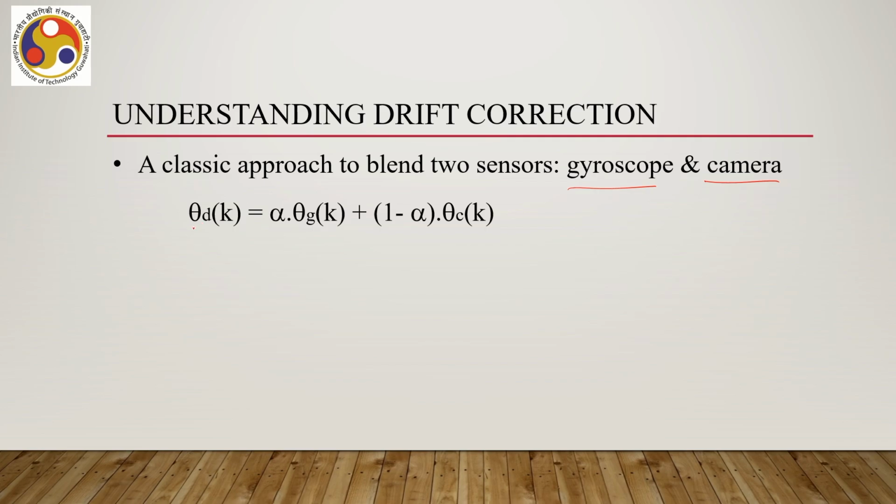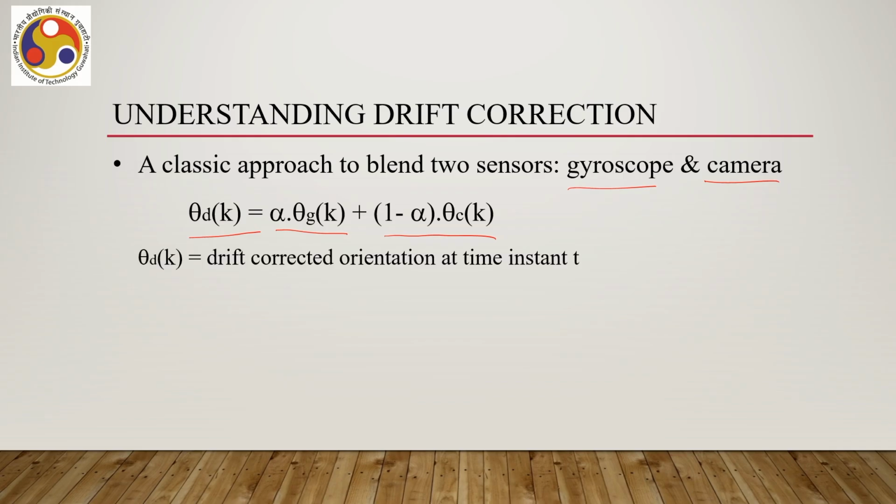We can say that theta dk equals alpha into theta gk plus 1 minus alpha into theta ck, where theta dk is the drift corrected orientation at time instant t.